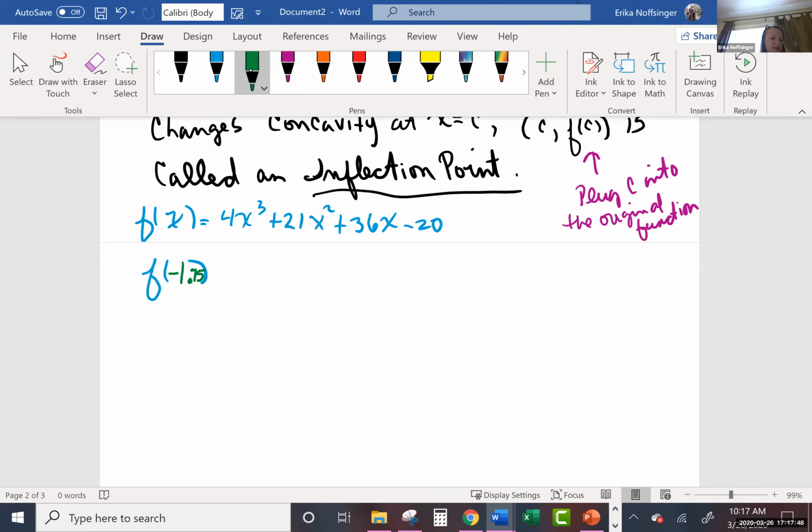So 4 times negative 1.75 needs to be in parentheses and then cubed. Then plus 21, parentheses, negative 1.75, in parentheses, and then square it. Plus 36 times negative 1.75 minus 20.